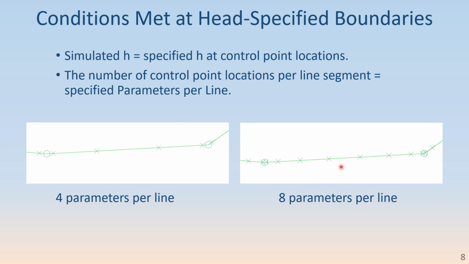And you can see that the control points, these green X's, are more widely spaced in the middle of the element, more closely spaced near the vertexes at the ends of the elements. The equation that gets applied is simply that the simulated head equals the specified head at control point locations. So you achieve the interpolated specified head exactly at each control point with this kind of line boundary.